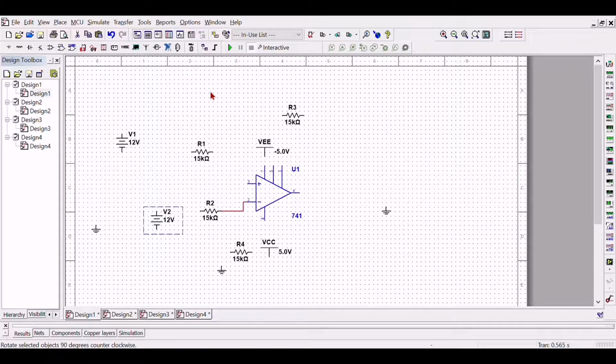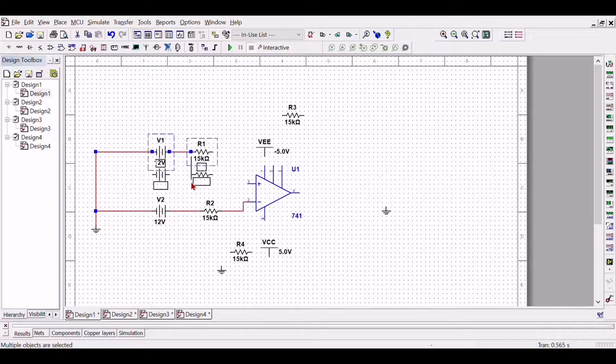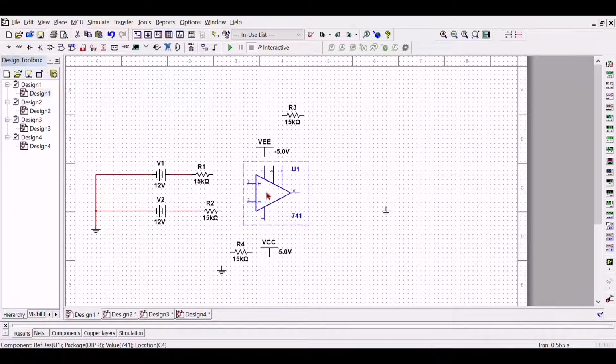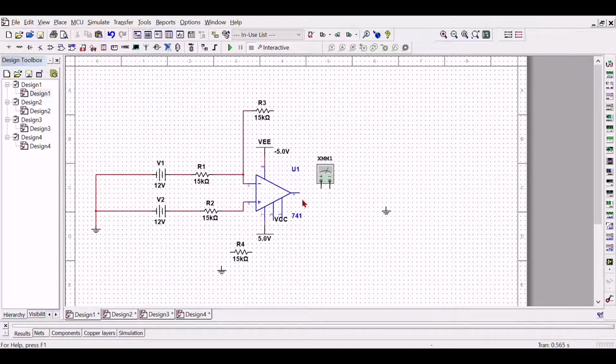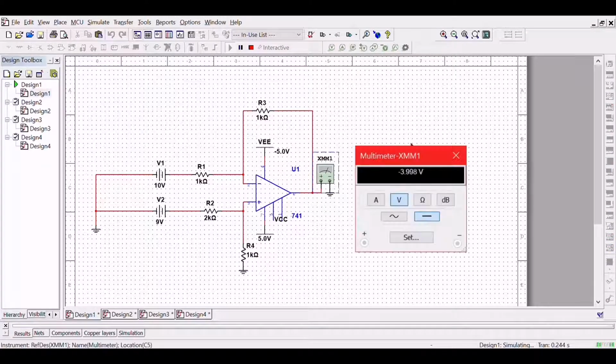And then after that, I connect all the components to become a circuit. And then the VCC I use is 5 volt, and the VEE is negative 5 volt, because the value of VCC is bigger than the output, and the VEE is less than the output. So to find the voltage, I use the multimeter.